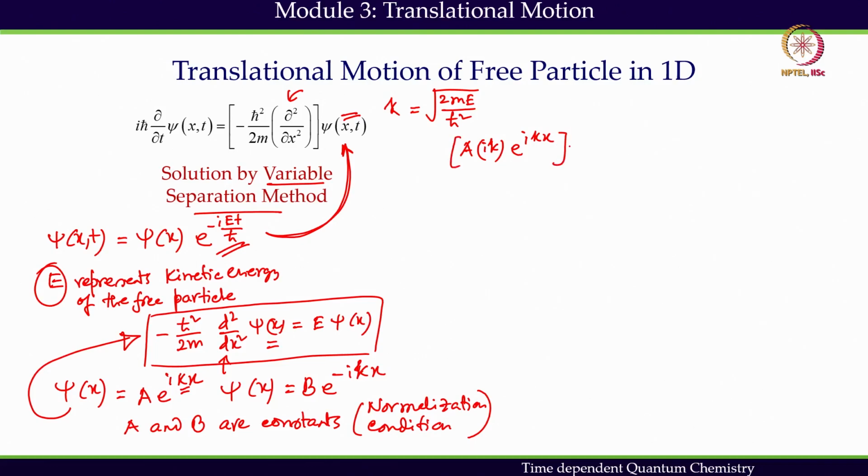This is the first derivative, then I have to go for the second derivative as well, and I have h cut square by 2m, which is nothing but e to the power i k x.